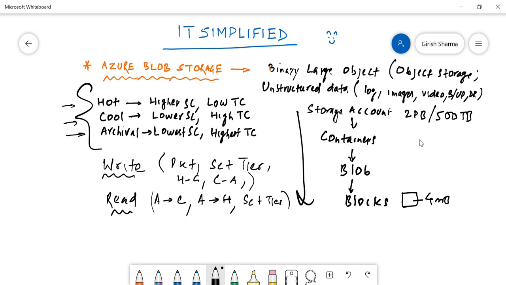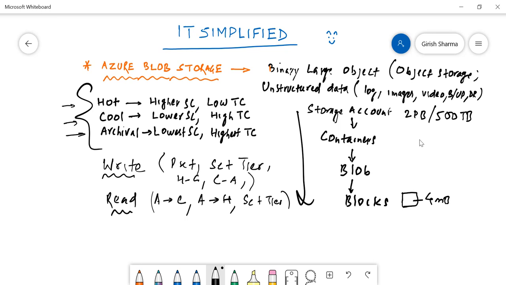Now, further looking into the tiering, you can read the data from hot and cool tier anytime, right? There is no restriction in that. But when it comes to archival, the data is always offline, because as I said, this is meant to store data which you really want to access maybe once in a year.